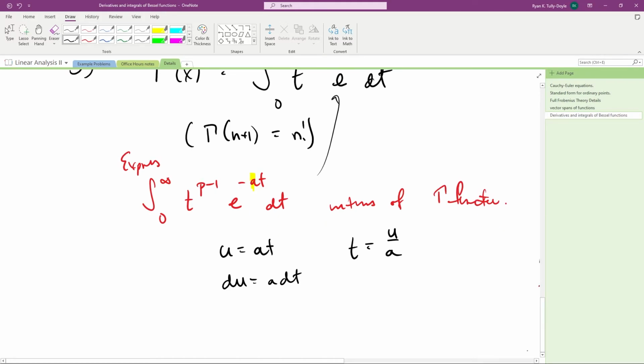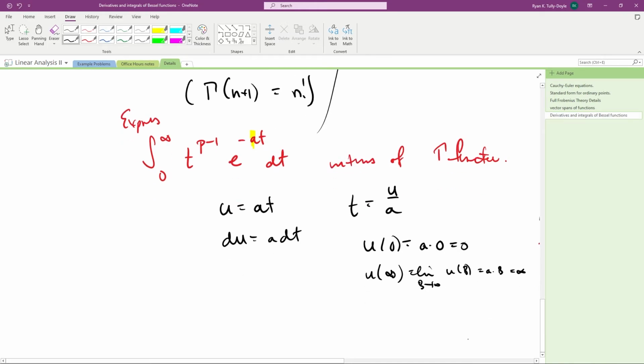Pretty standard substitution. And it's going to be the case that u of 0 is just a times 0, which is 0. And u of infinity, which really I should not think about, but what it really means is the limit as b goes to infinity of u of b, which is just a times b. Well, that's still infinity, right? It runs away to infinity.